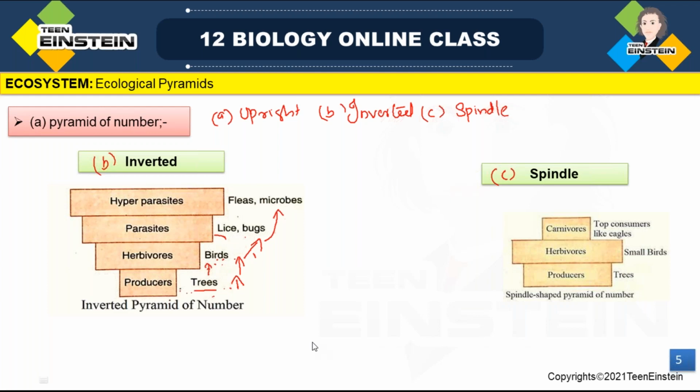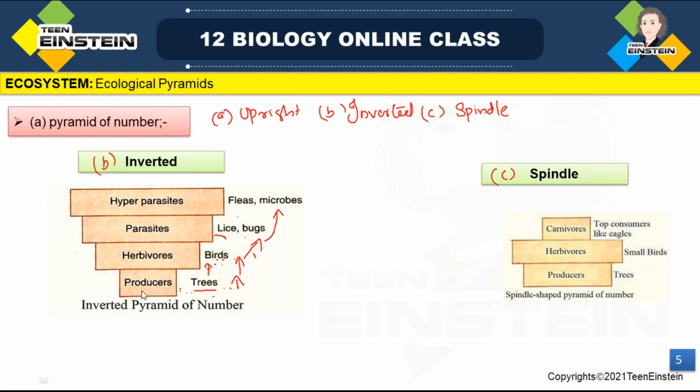What we can say in an inverted pyramid is that at each successive trophic level, the number of organisms is higher than the preceding one, and the size is decreasing at successive levels. Size will be decreasing, right? So the shape of the pyramid may be inverted.